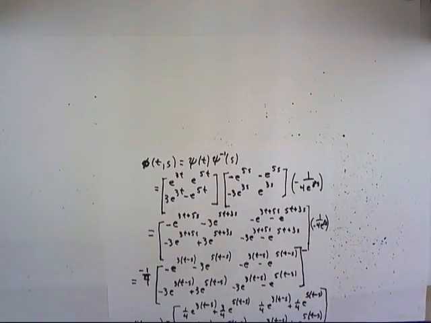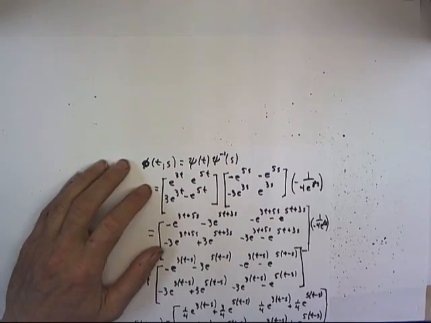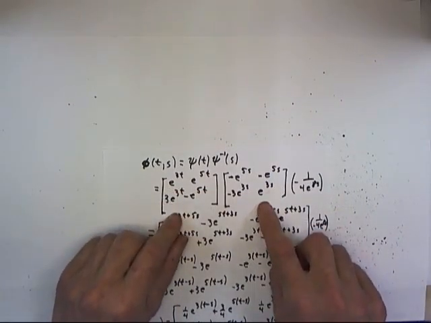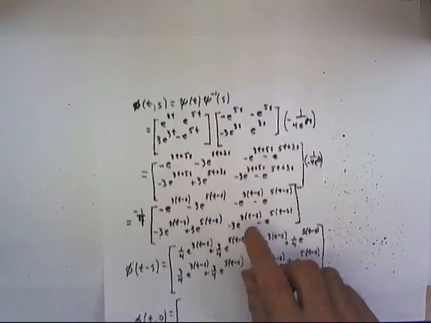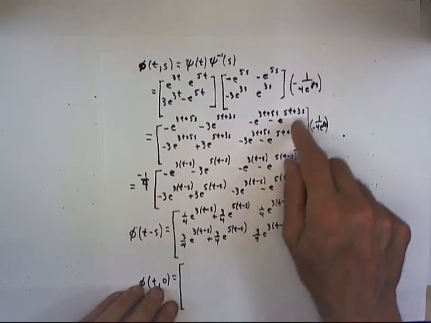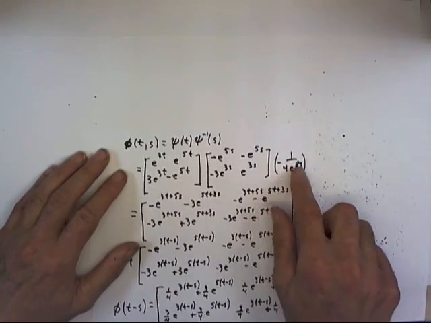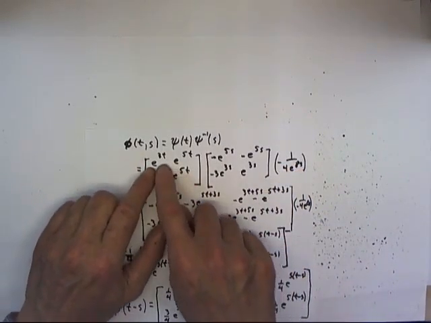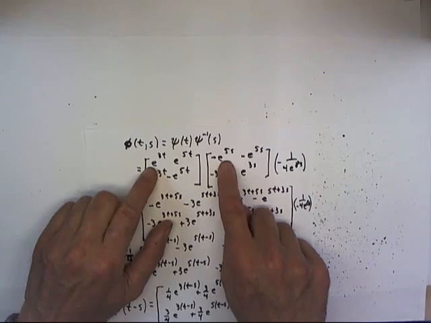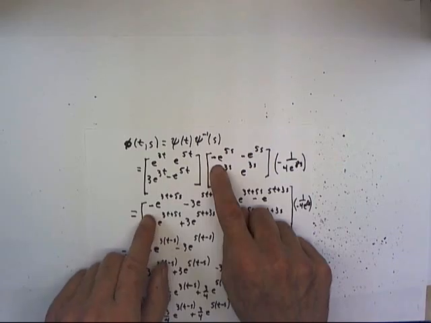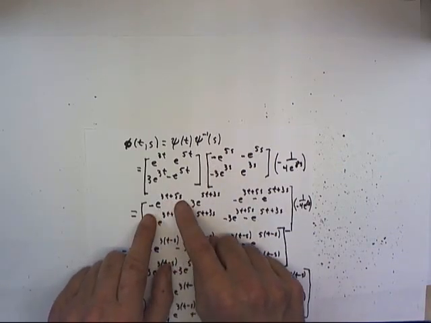In the previous incarnation of the clip, I actually wrote some of these things out on camera, but it's very easy to multiply these matrices, and you can skip on down to here if you think you can do that matrix multiplication and the multiplication by the scalar. e to the 3t times e to the 5s is e to the 3t plus 5s, and we have a negative, so we get a negative e to the 3t plus 5s.